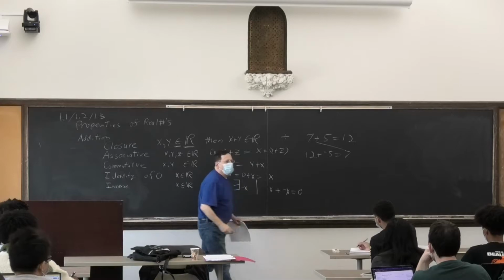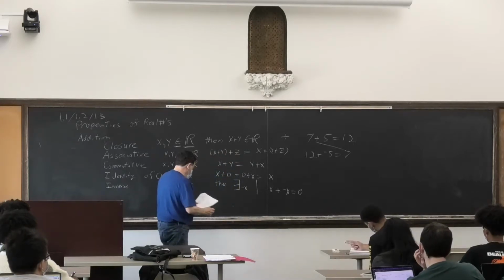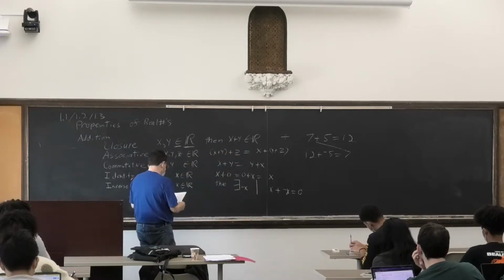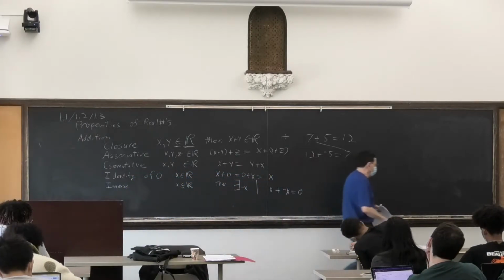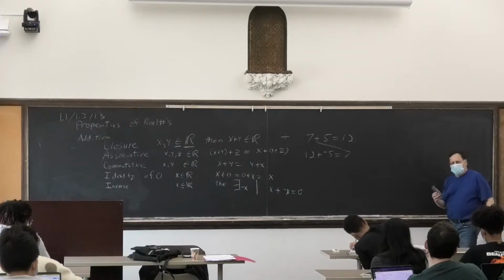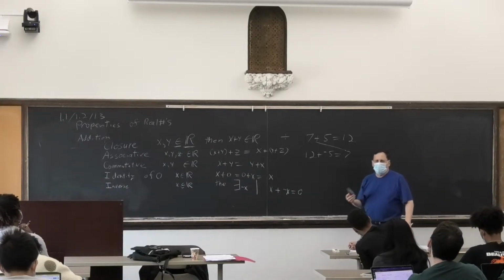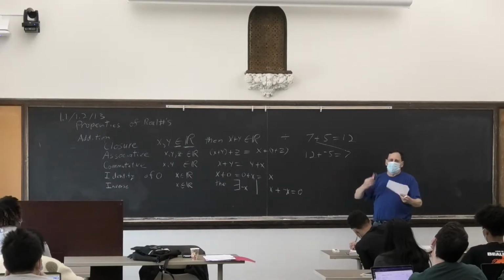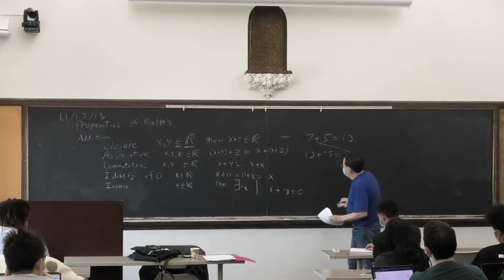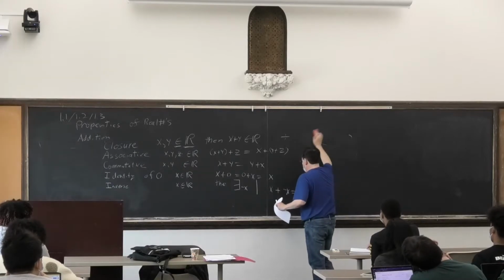That's the inverse property. Okay. You should know these properties. There'll be some little homework. I mean, you should already know most of them, kind of by feel, but here we're being explicit about it.